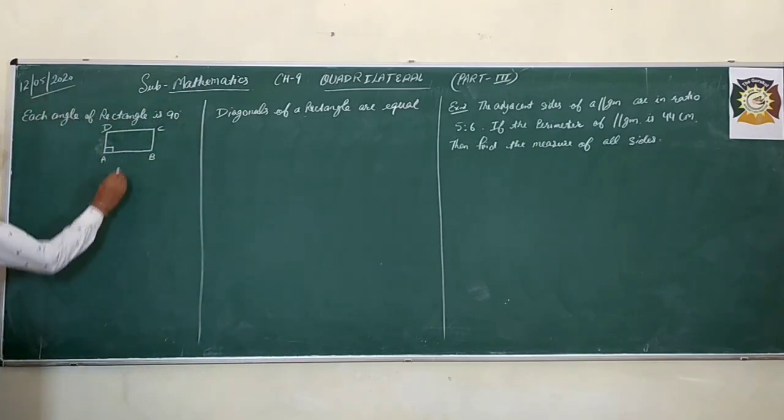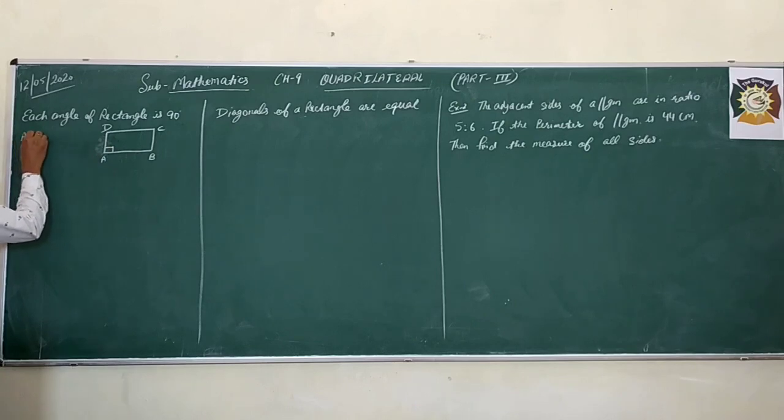Here ABCD is a parallelogram and that angle A is equal to 90 degree.